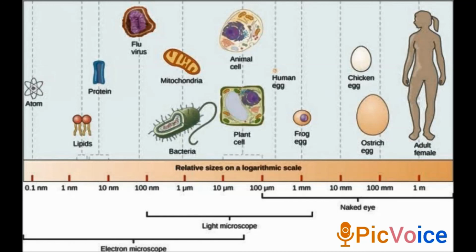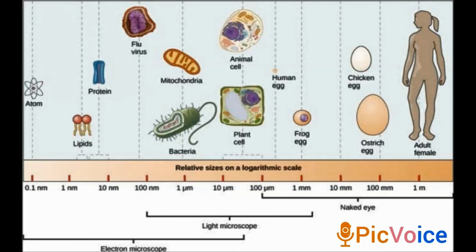Here, the size of the cell has no relation with the size of the animal. For example, nerve cells.